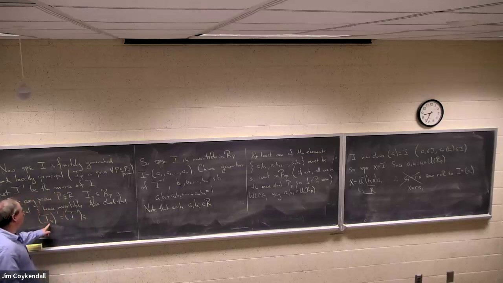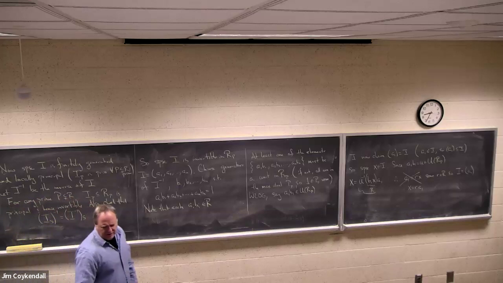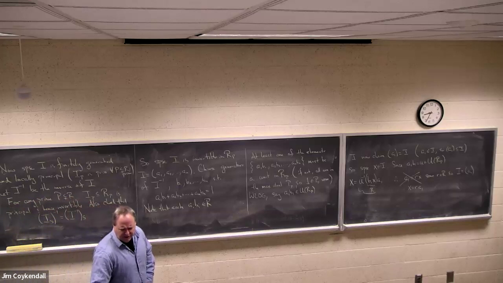This is for a general multiplicative set, not just the complement of the prime. When you have I localized at S, the inverse of that is the localization of I inverse. This is just an easy set containment to figure out.